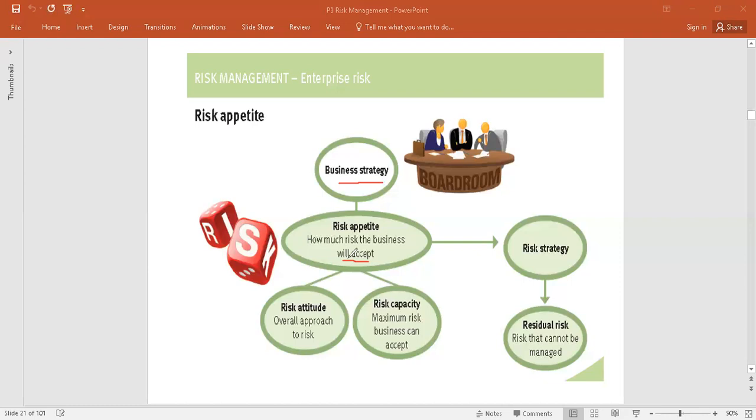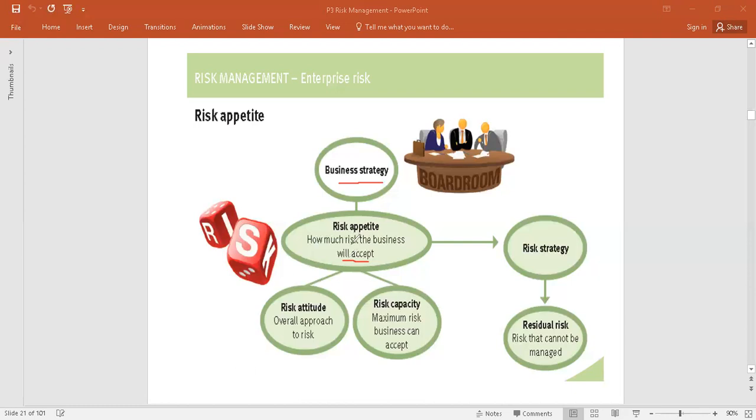But anticipating only the best possible outcomes all the time is not possible, because there would be fluctuations in a business. So in such a situation, if they get affected in a negative manner, can they survive? That is the aspect of risk appetite.